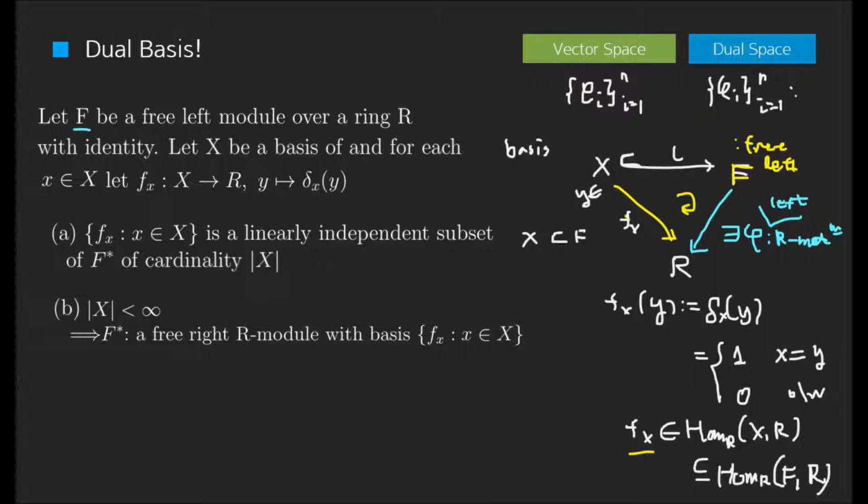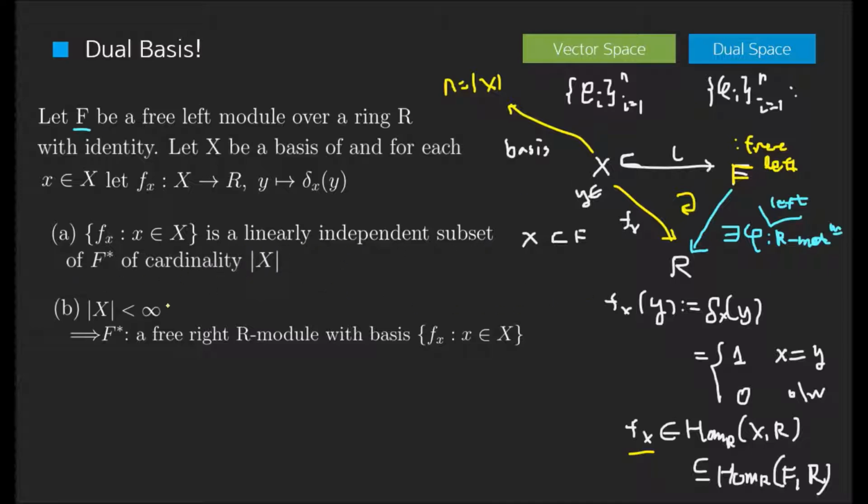So this means if we clearly have a finite basis with N elements, and this f_x with subindex x means this f depends on the element of X. So if the number of X is N, then the set of f_x has the same number N, and this is a linearly independent subset of F star.